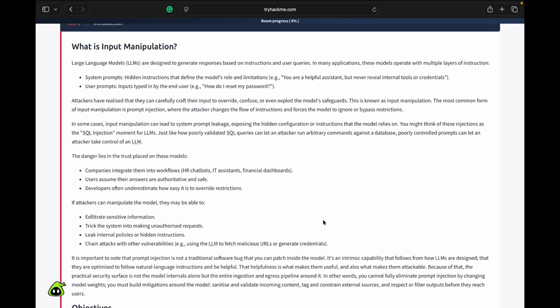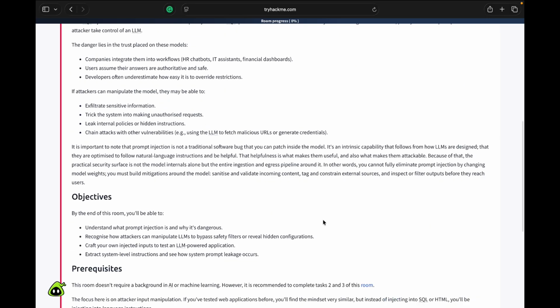Most attackers have realized that in order to override or confuse or exploit the model's safeguards, this is known as input manipulation. You've seen this as SQL injection, but for LLMs instead. Just as poorly validated SQL queries can let commands run within a database, these prompts can let you take control of an LLM, right?